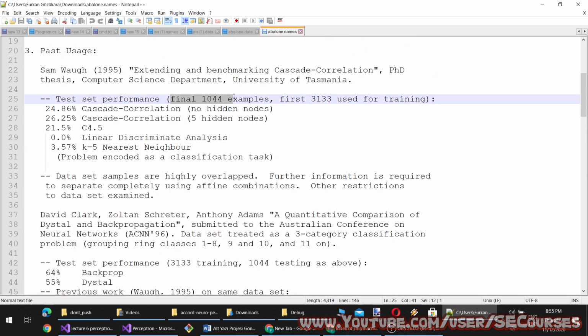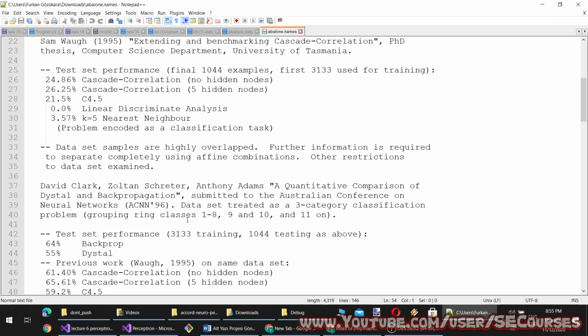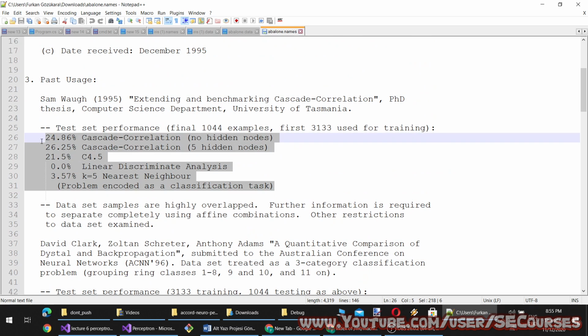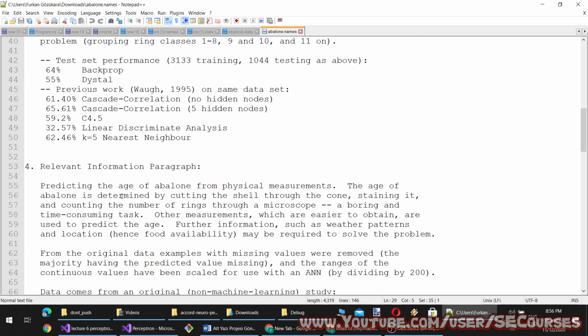So this was the final 1044 examples. The first 3133 are used for training. And these are other classifications. Oh, so these are probably the real success rates, which are extremely bad. Okay, yeah, these are real.